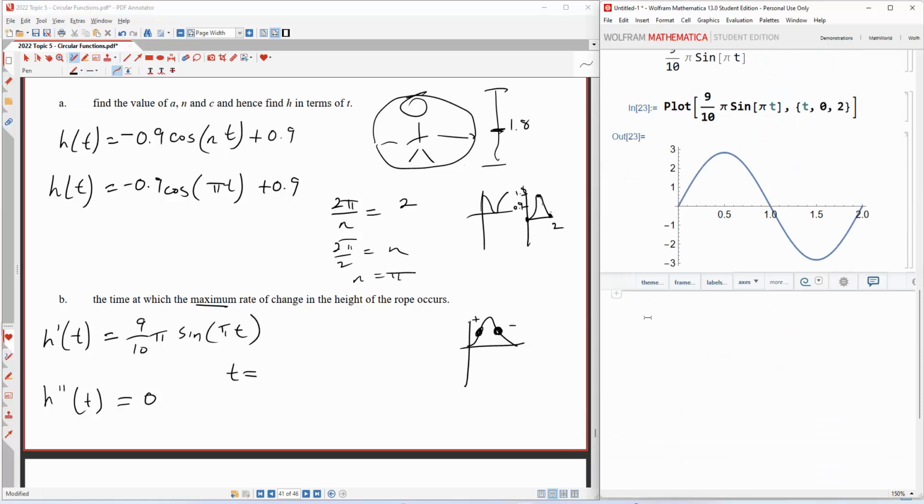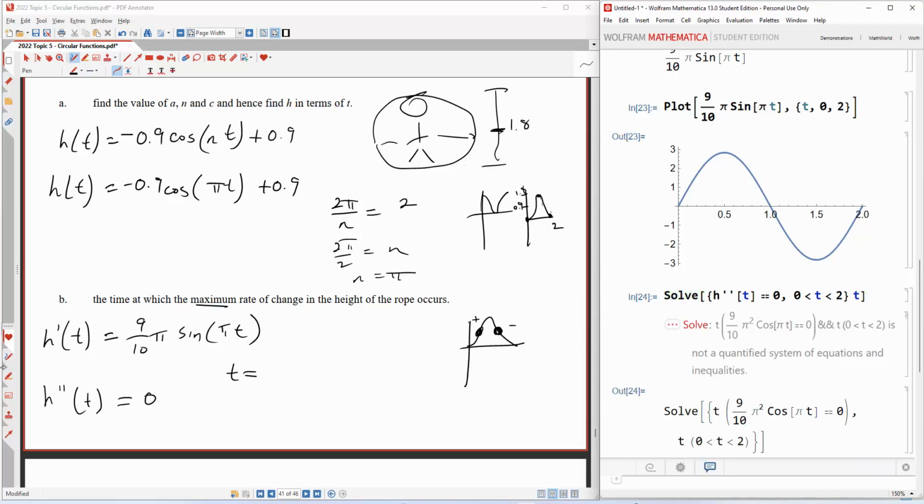I'm going to solve h''(t) = 0. I'm going to restrict the domain, otherwise it's going to give me a general solution. Close that. This will be a miracle if I get this right for t.